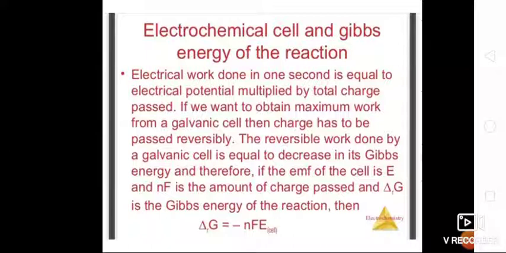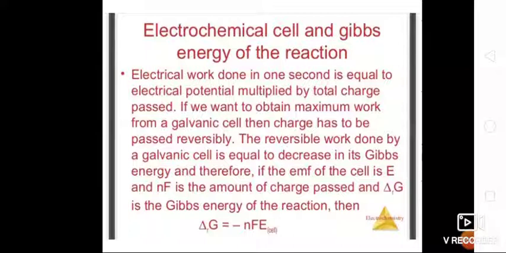Therefore, if the electromotive force of the cell is E, nF is the amount of charge passed, and delta G is the Gibbs energy of the reaction, then the relationship between Gibbs energy and electromotive force of the cell is given by delta G = -nF E cell.